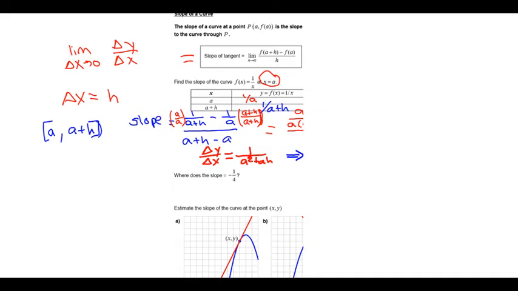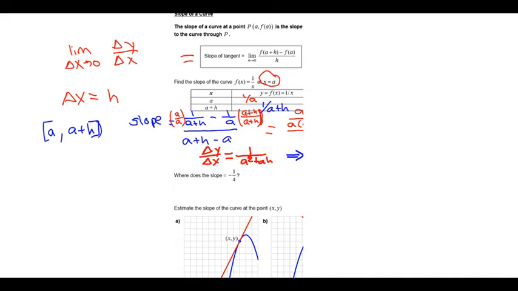So when we directly substitute, our h will turn into 0 and we'll be just left with negative 1 over a squared. And that is our instantaneous rate of change. So the slope of our tangent line.